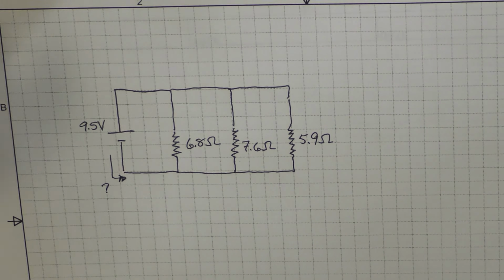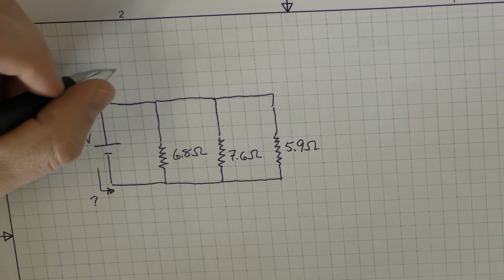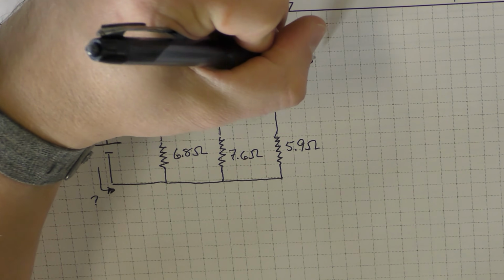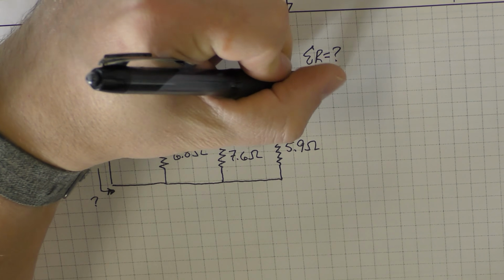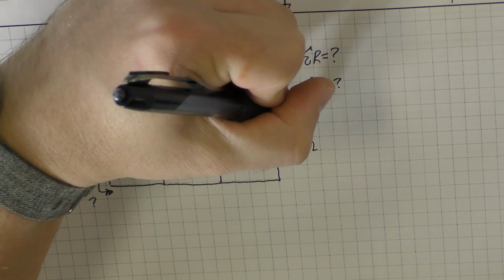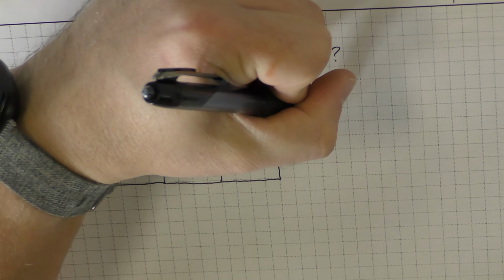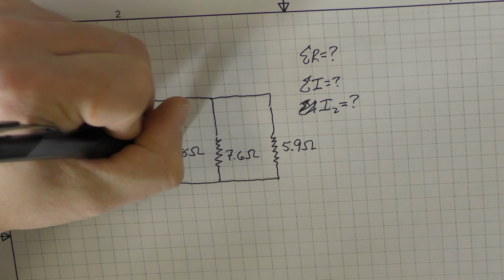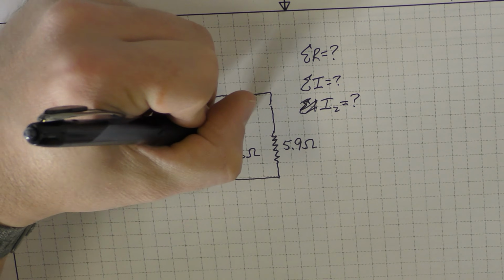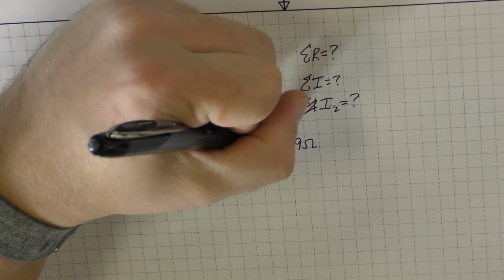I don't know what the current is, but for this problem, we want to know the total resistance, the total current, and the current through resistor number 2. We'll call these R1, R2, and R3.